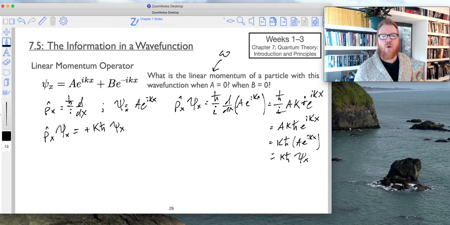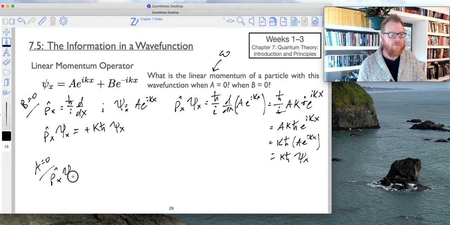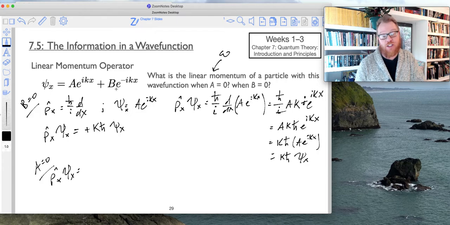Now this is for b equals 0. If we were to do this for a equals 0, I'm just going to describe this briefly, because perhaps you might see where this is going. When a is equal to 0, my wave function is just e^(-ikx).